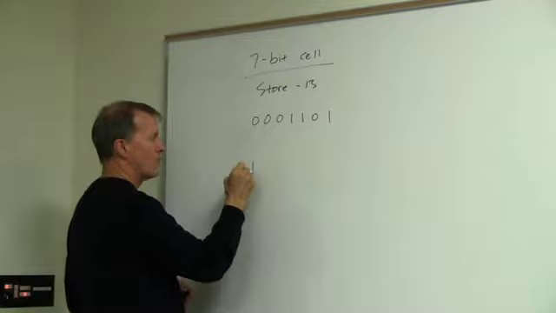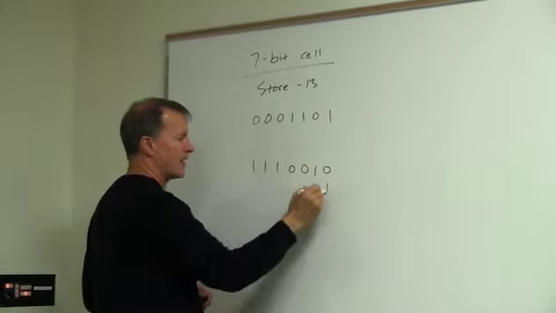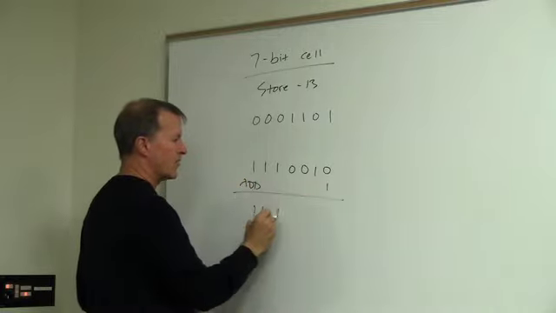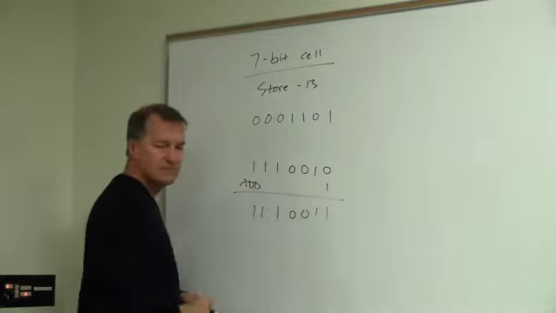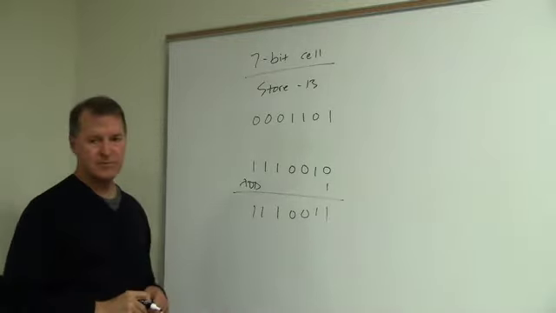So how is negative 13 stored? Well, flip the bits: 1, 1, 1, 0, 0, 1, 0, and then add 1. So it's 1, 1, 1, 0, 0, 1, 1. Okay, so this is how negative 13 is stored.